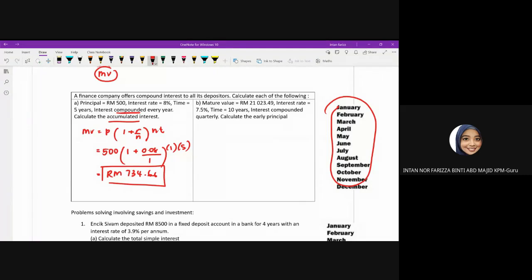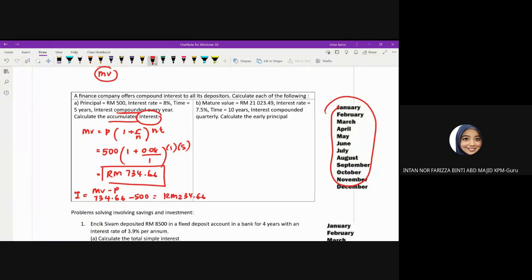They ask you for the interest. So what's the interest that this person actually got? To find the interest, it is MV minus the principal. So 734.66 minus 500. So this person will get RM 234.66.